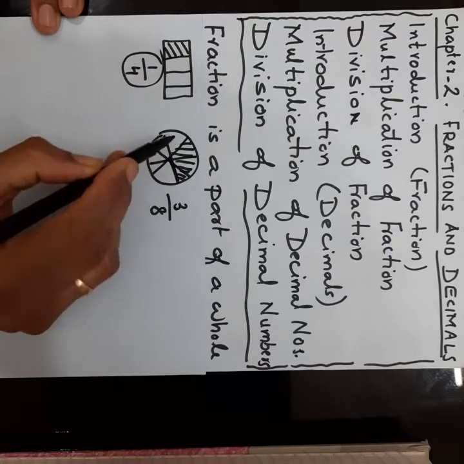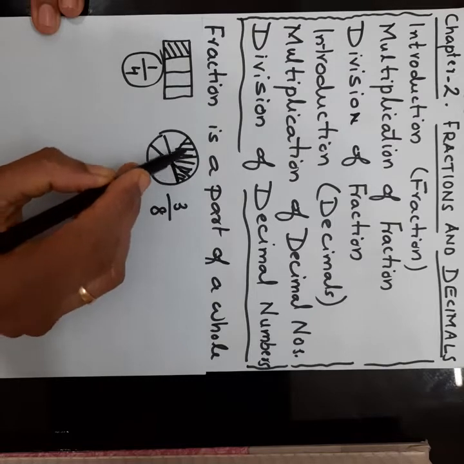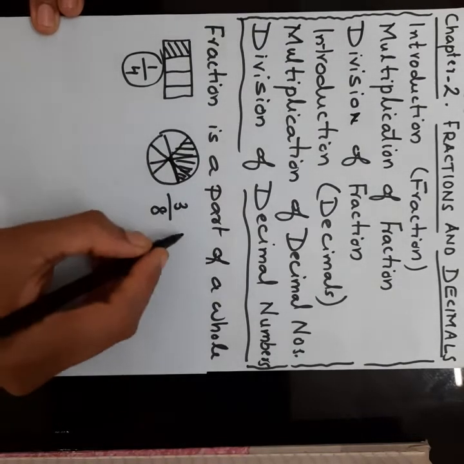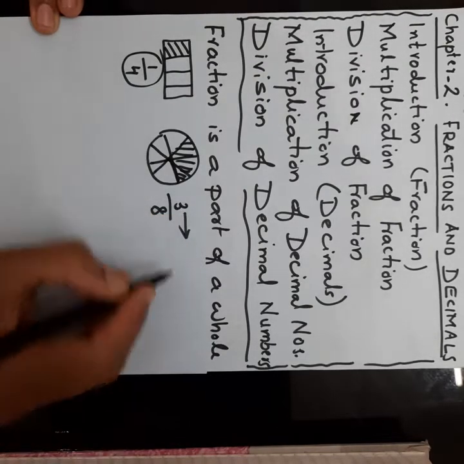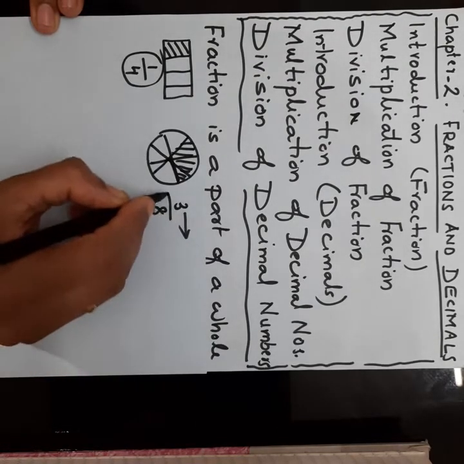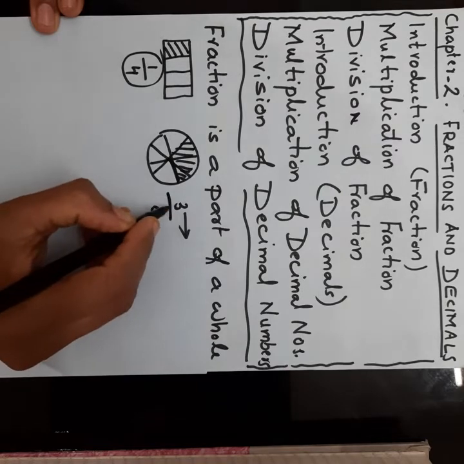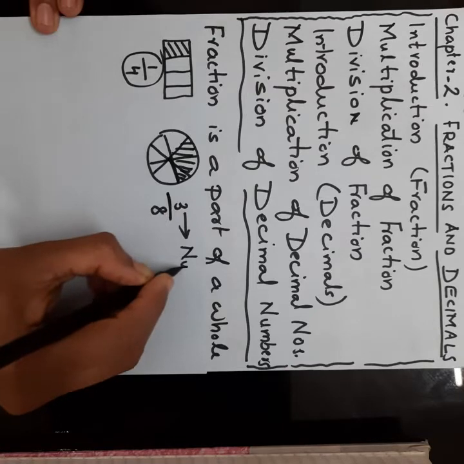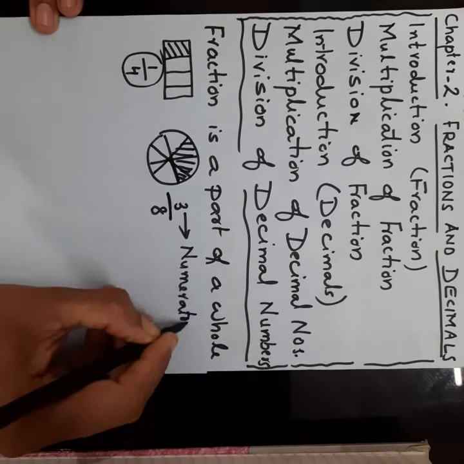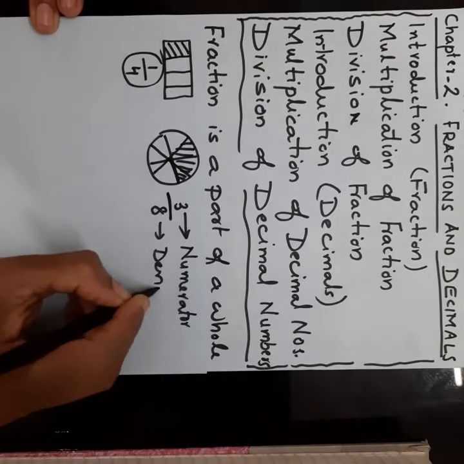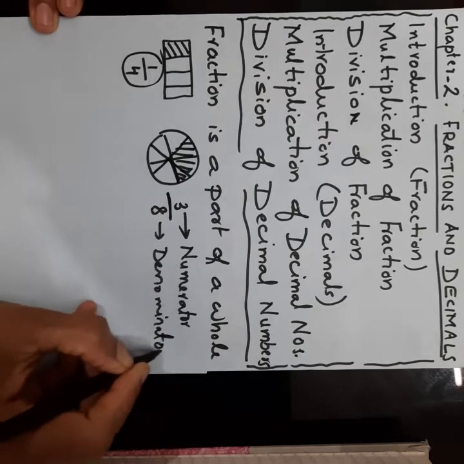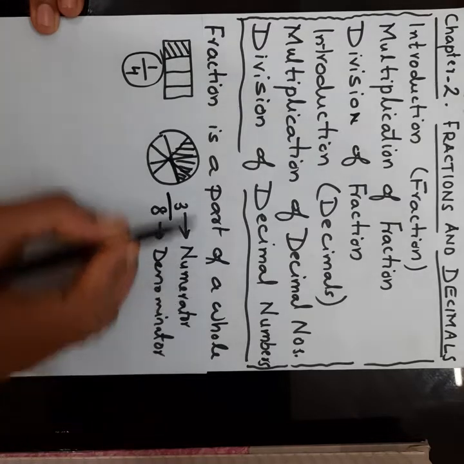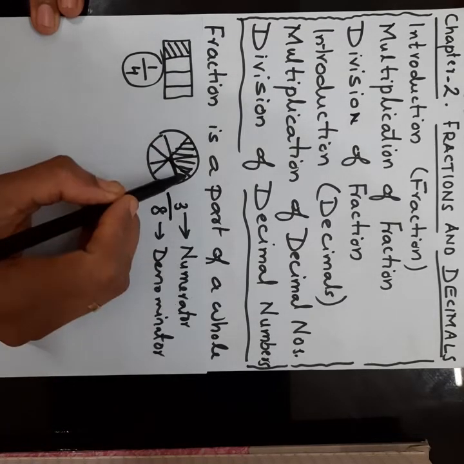Total 8 parts, 1, 2, 3, 4, 5, 6, 7, 8, and out of it 3 parts are shaded. In a fraction there are two parts, one above the bar, called the numerator, and one below the bar, called the denominator. The denominator shows how many equal parts, and the numerator shows how many parts we selected.